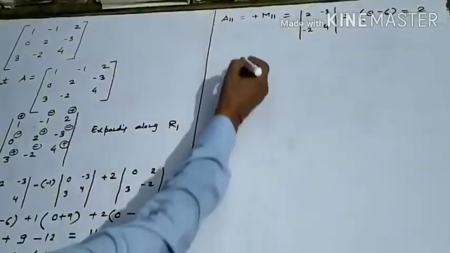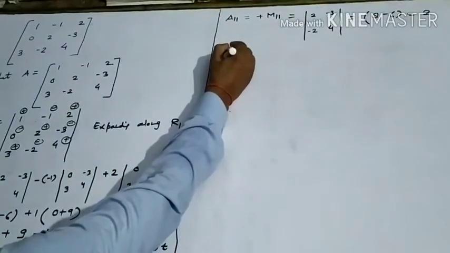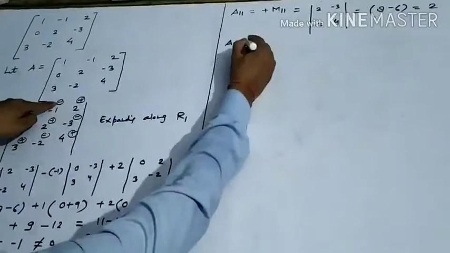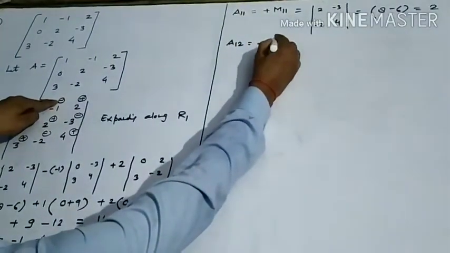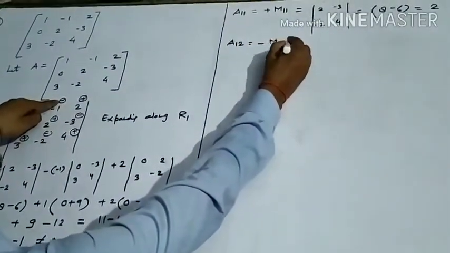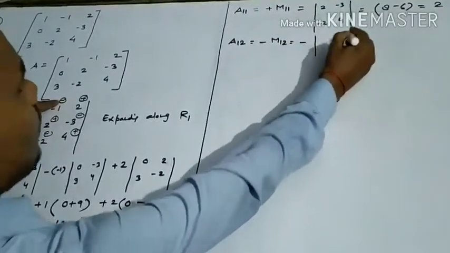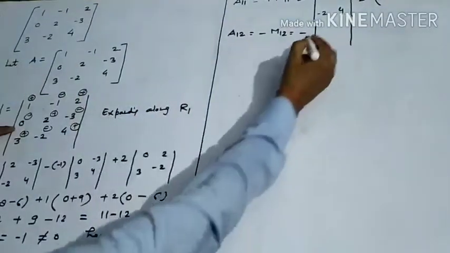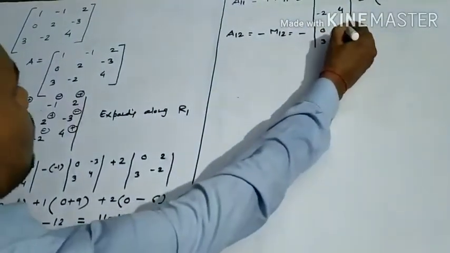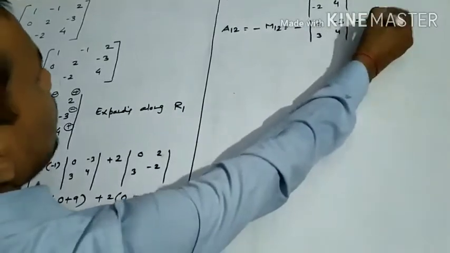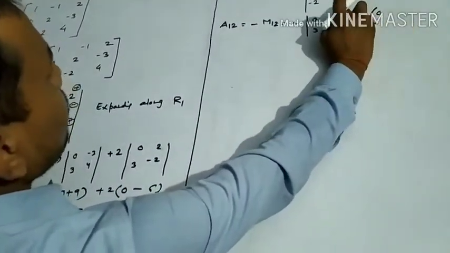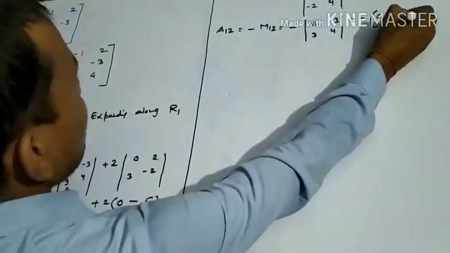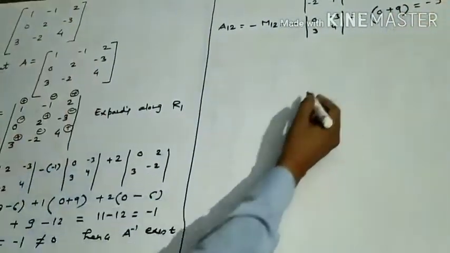Now the cofactor of the element of the first row and second column, A12, obtains the minus sign, and then the minor of the element of the first row and second column. So this is minus the subdeterminant after leaving the first row and second column. So this is 0, 3, minus 3, 4. So this is minus 0 plus 3 multiplied by minus 3 means minus 9, which becomes plus 9, or simply minus 9.